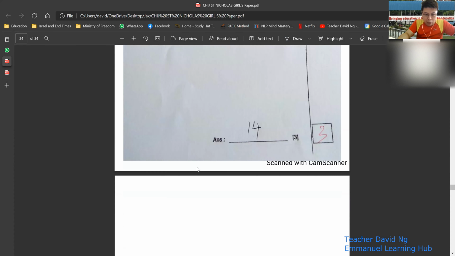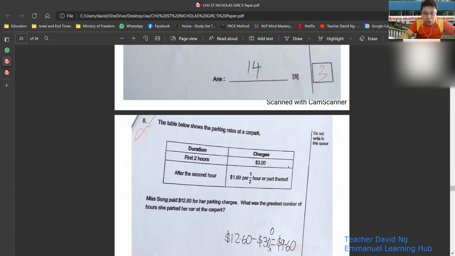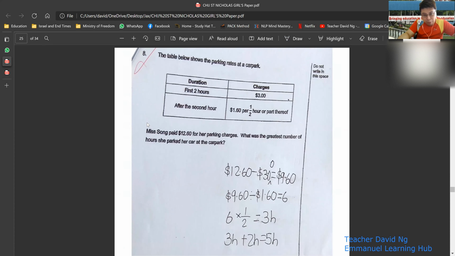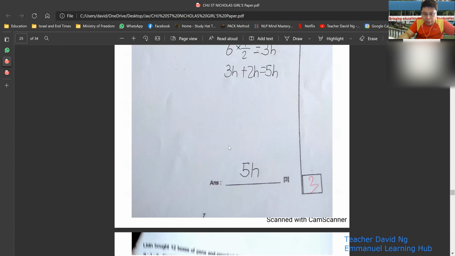Because most of the math markers teach English for primary school. This one, you're working out all correct and you got the correct answer, but you didn't write 5 hours with an S. So it depends on the marker.